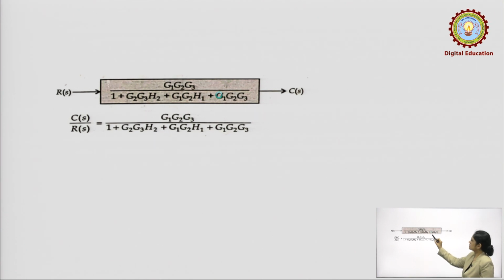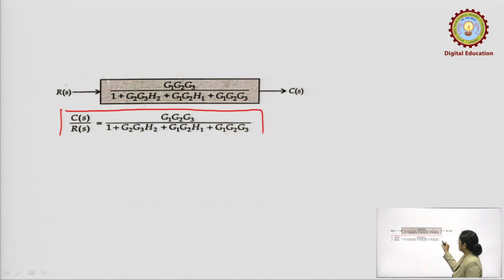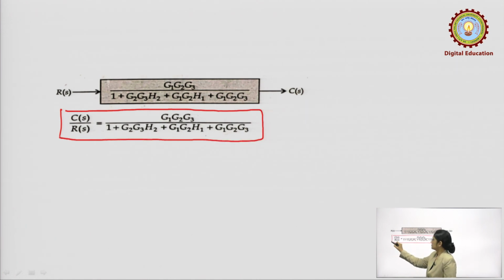The final block is this. So, the overall transfer function, that is output upon input, is this. Once we get the transfer function of output upon input, the system could be analyzed in time domain or frequency domain, wherever it is required.